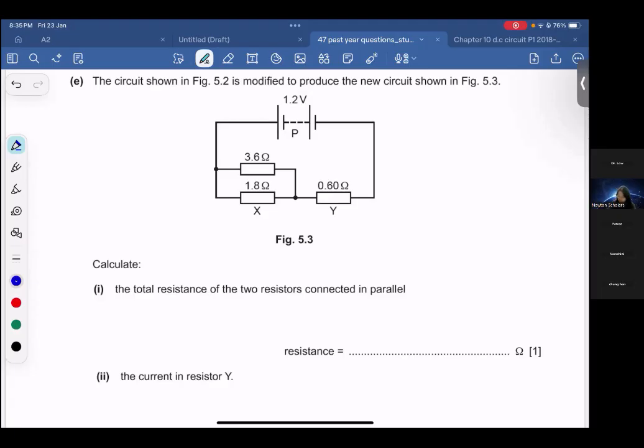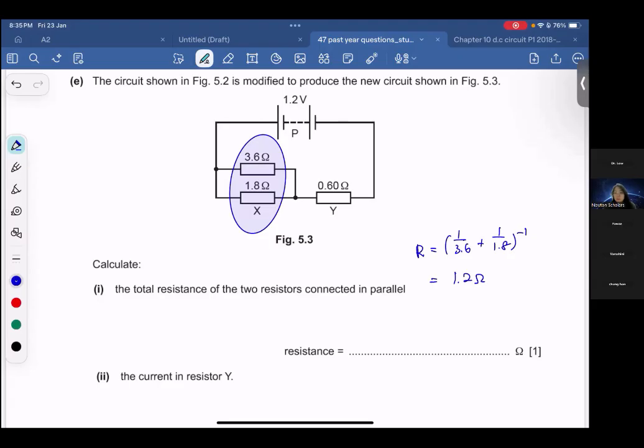This one should be easy, dear. Connected in parallel, so the resistance is 1 over 6 plus 1 over 1.8. Inverse it. So your answer here should be 1.2 ohm.